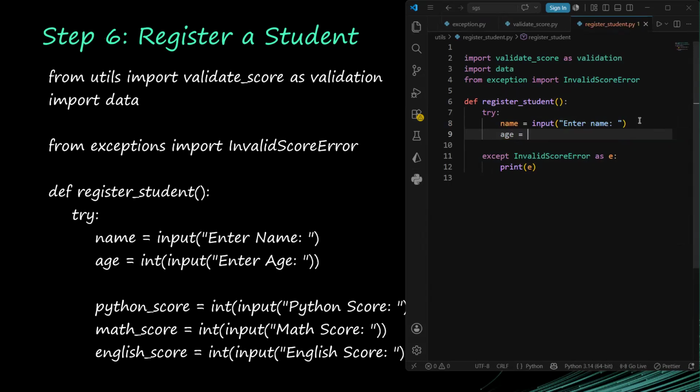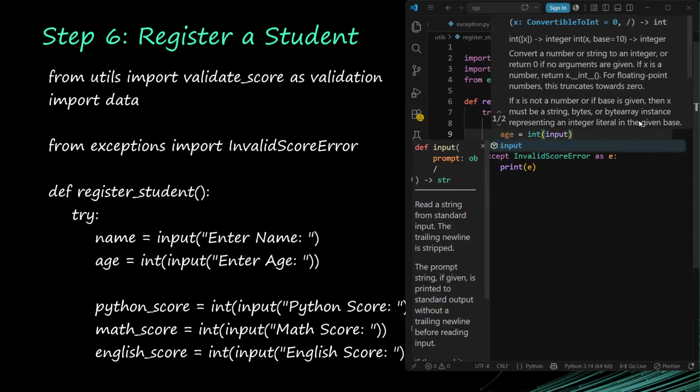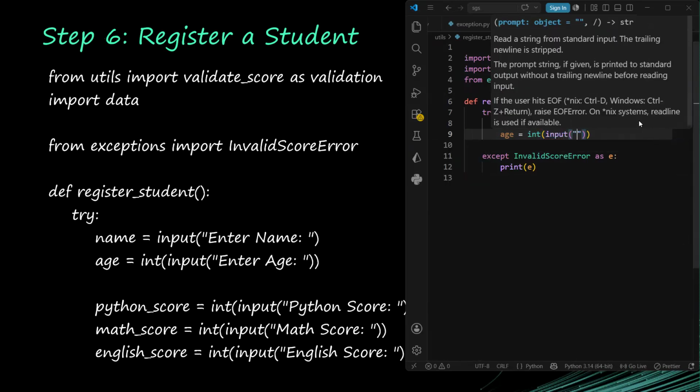Age, we would have to use int and then input, enter age. Remember, why I'm using the int function is to convert the age, because the age will be given to us as a string. So we are converting it.